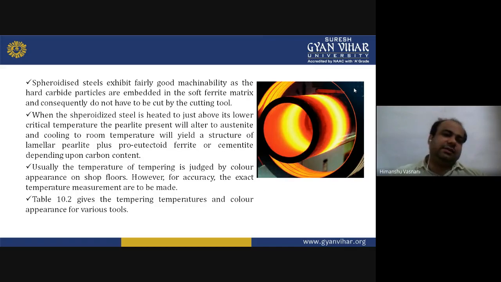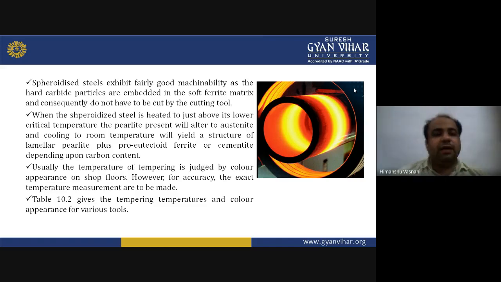Spheroidized steel exhibits fairly good machinability as the hard carbide particles are embedded in the soft ferrite matrix, and consequently do not have to be cut by the cutting tool. This is really good because materials at this temperature have good machinability.